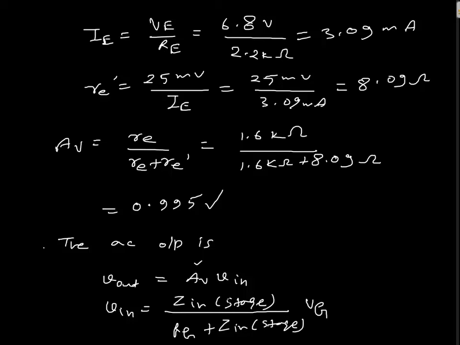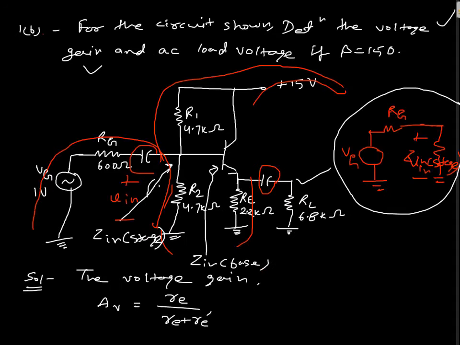So what is Z in stage? Again, by the formula, Z in stage equals R1 parallel to R2 parallel to Z in base. Again, if you look at the circuit part, the question part, this part looking from here is Z in base.